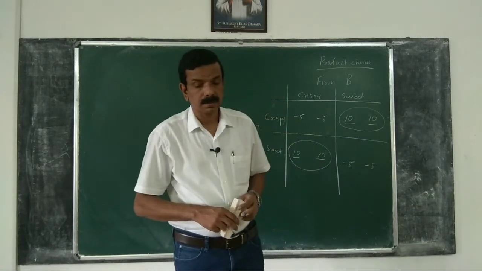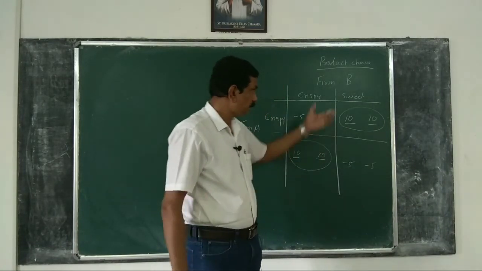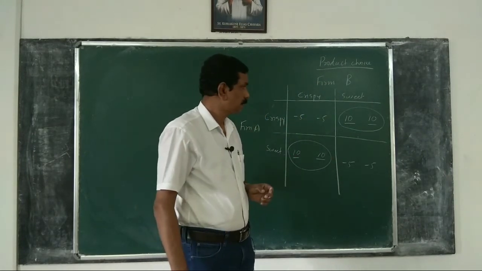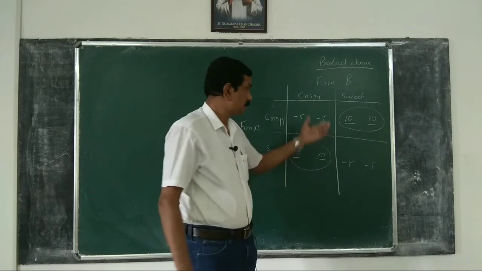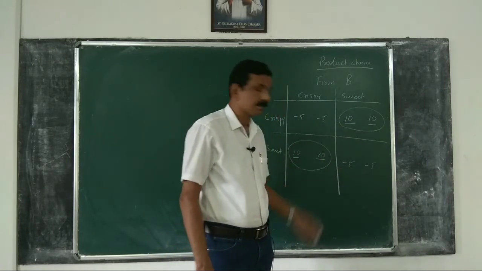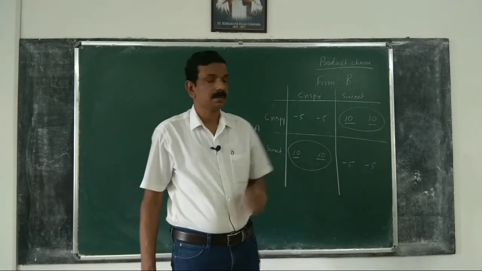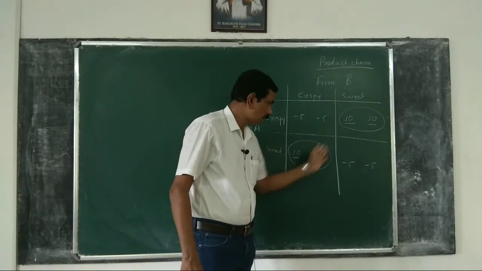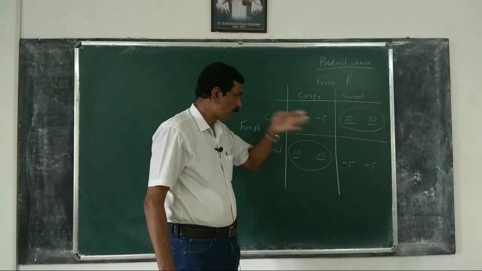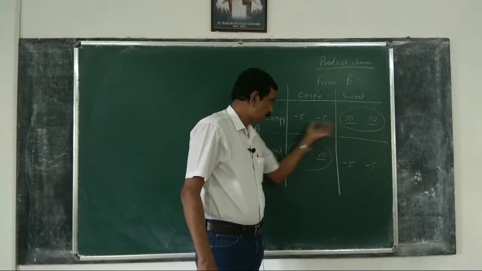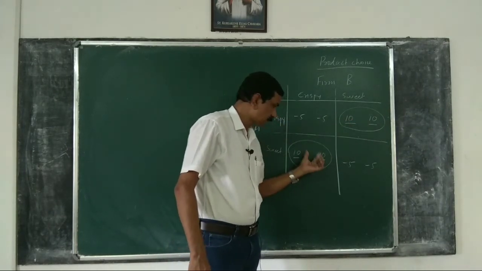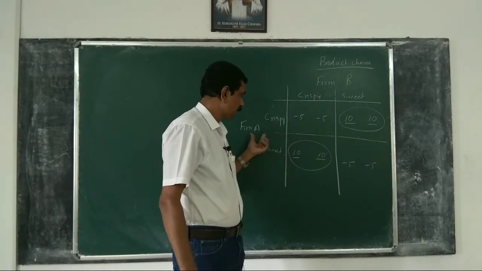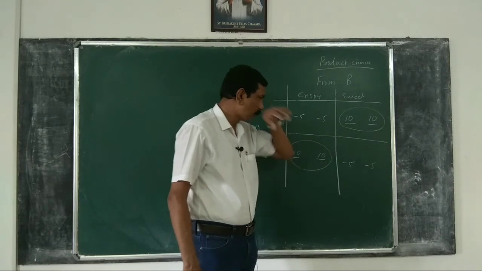The question is, if both firms are taking the decision at the same time, which equilibrium will be reached? That we cannot say. The point is, both are equilibria because once this or this is achieved, neither B nor A has an incentive to deviate.